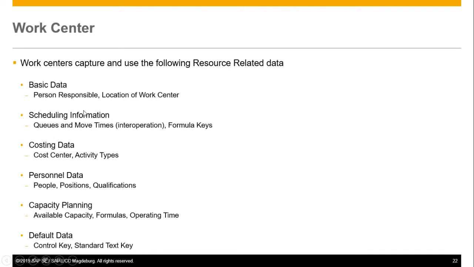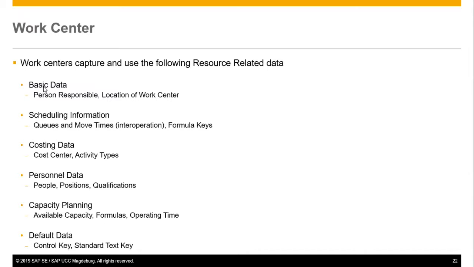So the data which will be entered in our work center, again for our case it is already created. We don't have to create a work center from the beginning. We will only change some small things, but it's the same data. Like you see here on this screen, you will have basic data about who is the person responsible for that work center, who is the supervisor or who is the manager, right?